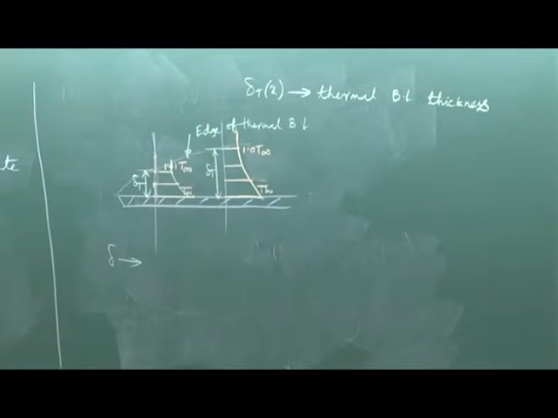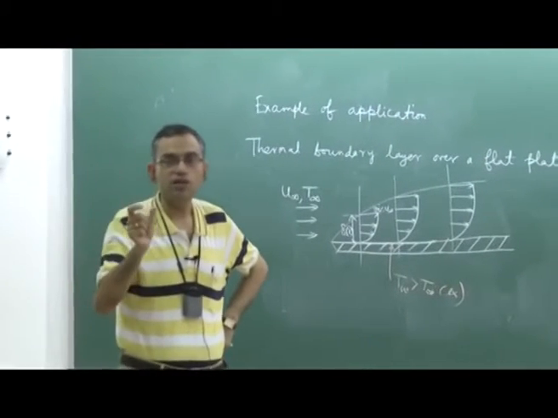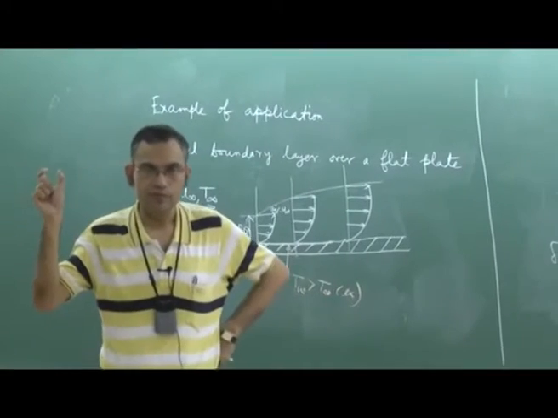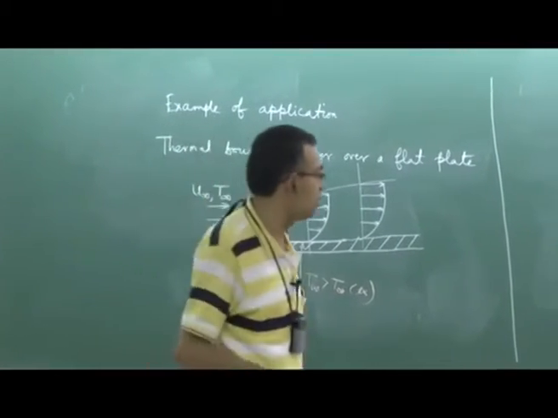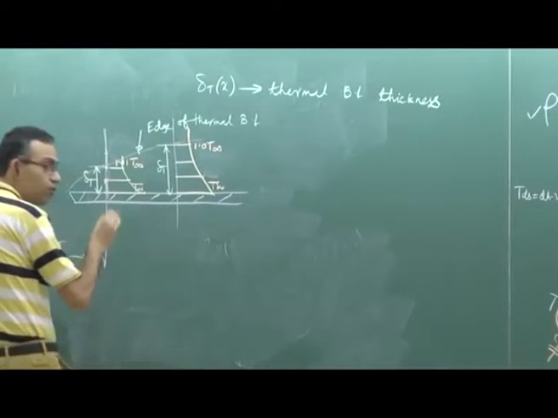We have discussed it earlier. For a given velocity field, delta depends on which property of the fluid? Kinematic viscosity of the fluid. So, delta depends on nu.